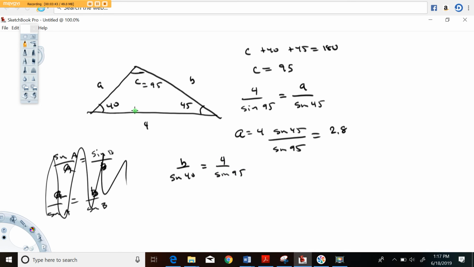We could have also used side A, 2.8 over sine 45. You can use either one. So B is going to equal 4 times the sine of 40 degrees divided by the sine of 95 degrees. Would somebody run a number, please? I got 2.6. And we now have both sides and the inner angle for this triangle.